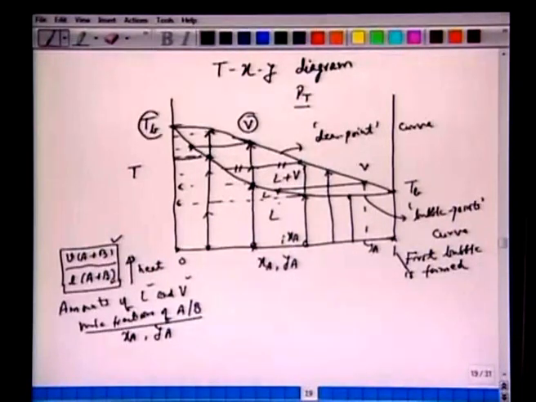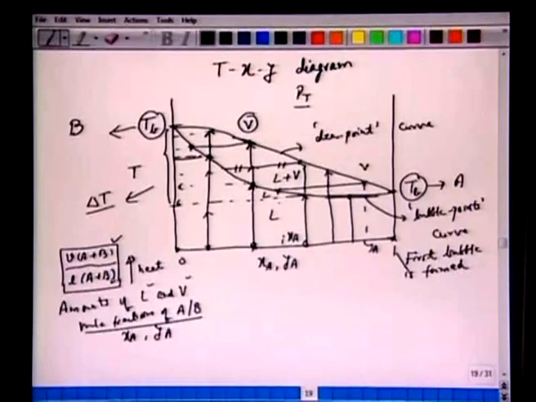One is TB for pure component B, and we have this boiling temperature for pure component A, and if we choose any binary mixture of A plus B, then there is a temperature range between here and here. All right, so there is a temperature range at which the boiling takes place. First boiling or first bubble is observed at a certain temperature, we call it the bubble point.